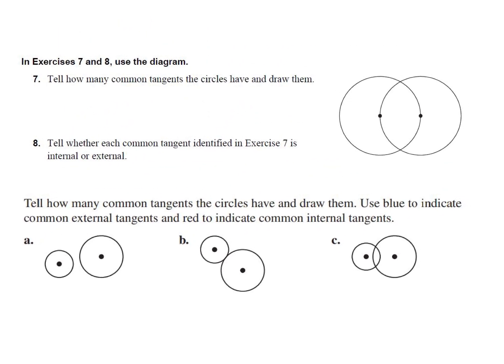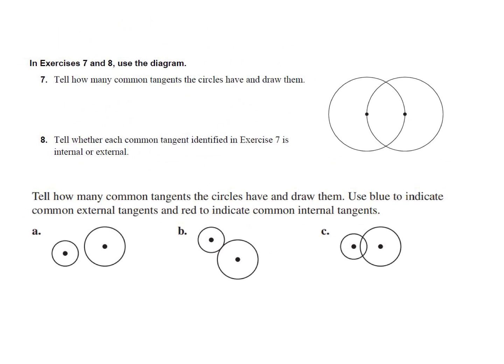Number 7 says, tell how many common tangents the circles have and draw them. We didn't talk about it a while ago, but a common tangent is a tangent line, and a tangent line intersects how many points? One, right? So it intersects at one point on each circle. But if you have one line that intersects two different circles at just one point each, they share the same tangent line.